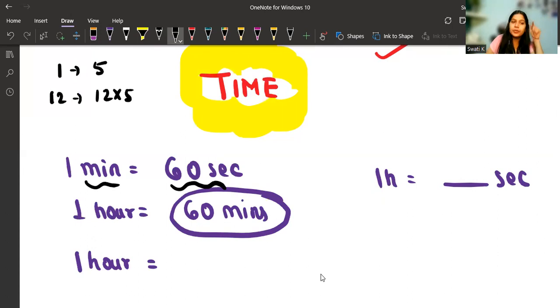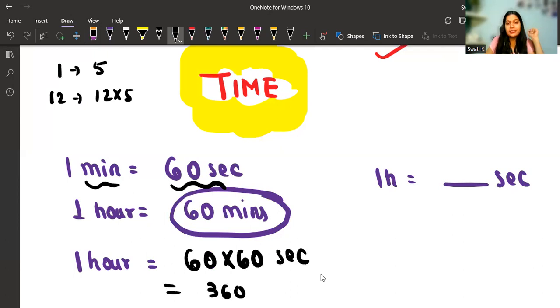Similarly, if 1 minute has 60 seconds, then 60 minutes has 60 into 60. And that is giving you 60 times 60 is 3600, which is in seconds. So 1 hour equals 3600 seconds.